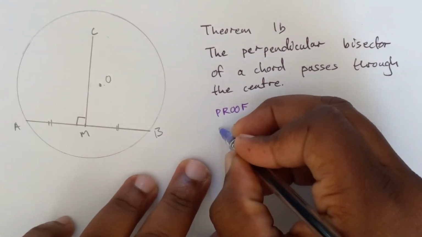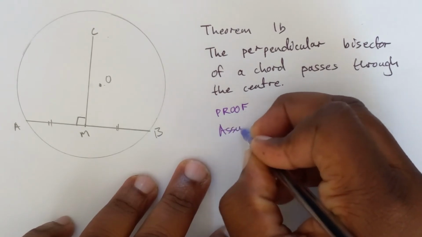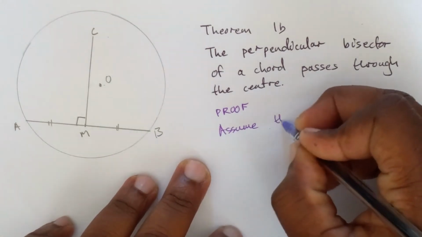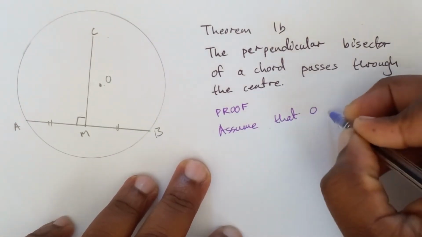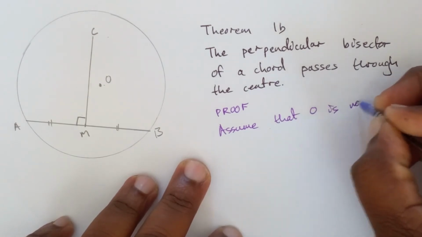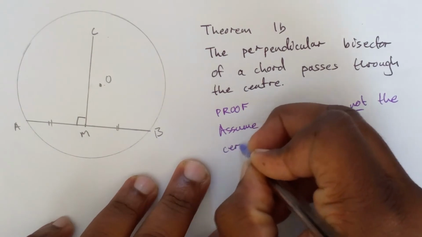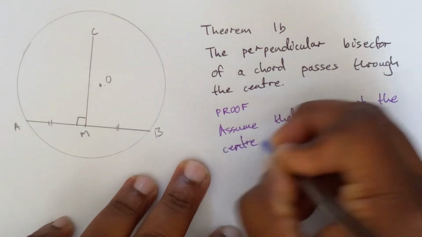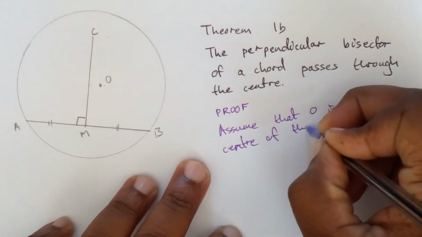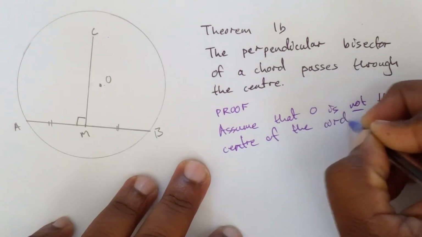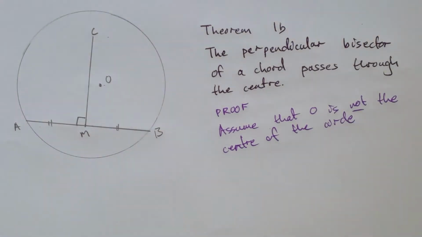So assume that O is not the center of the circle. If O is not the center of the circle, then where is the center?